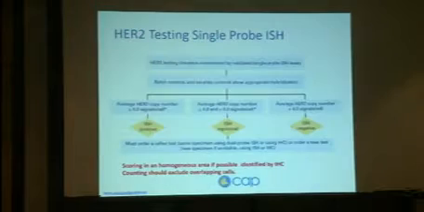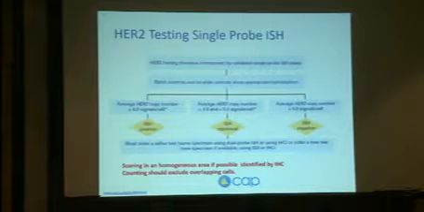It's what we do when we have borderline results. And in fact, we had 4.17 HER2 copies for this case. So in fact, this case will fall into the category equivocal.